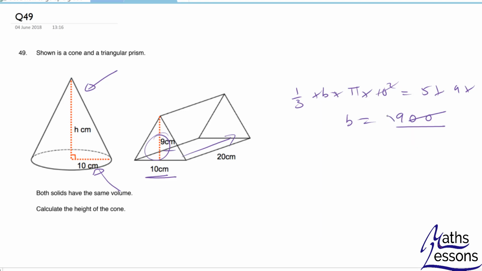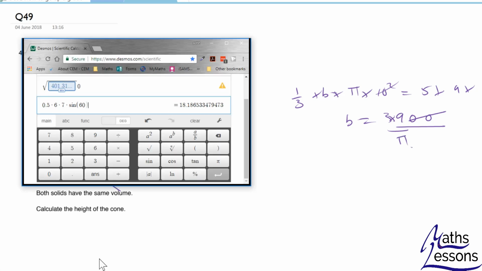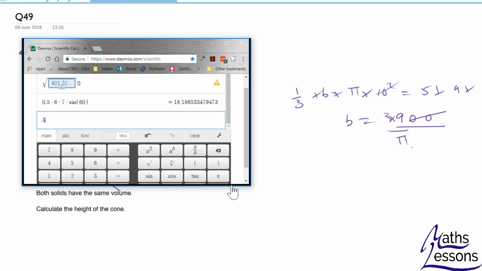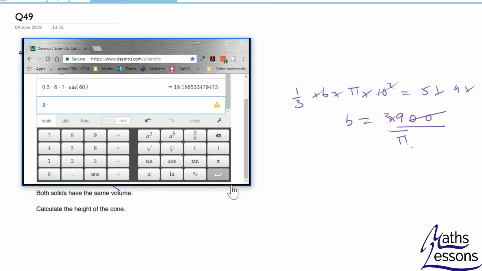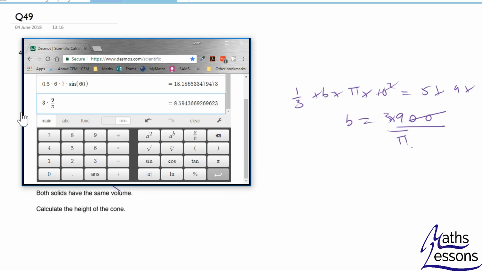So we're going to times that by 3 and divide by pi. So we'll grab our calculator for that, and we get 3 times 9 divided by pi. And the order doesn't really matter here, because it's multiplication and division, you don't need to worry about the maths order. So it's 8.59.